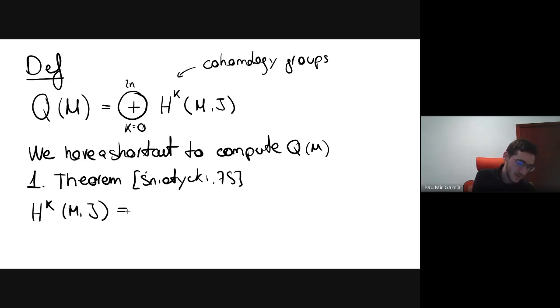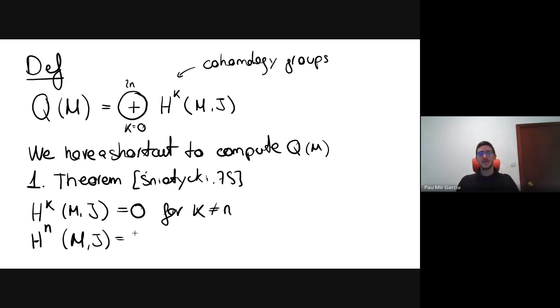Sniatycki tells us that all cohomology groups in the sheaf cohomology are 0 for all k different than n, and even more, it tells us the dimension of the group of dimension n. The group of dimension n is not 0, and Sniatycki's theorem also tells us the shape of this group: it is essentially the sum of copies of C, that is C to the m, where m is the number of Bohr-Sommerfeld leaves, which I have not defined yet, but we will see.